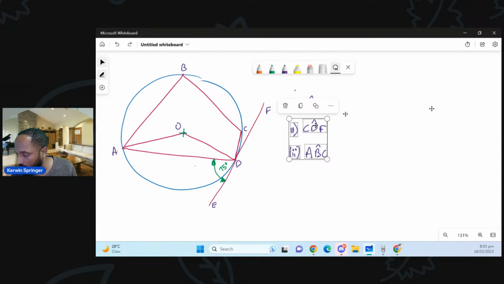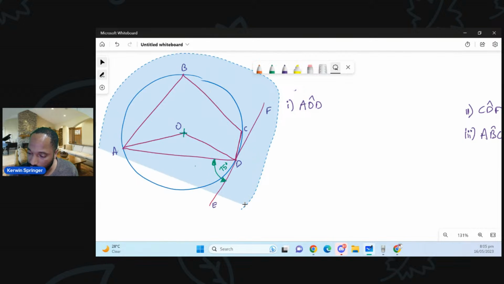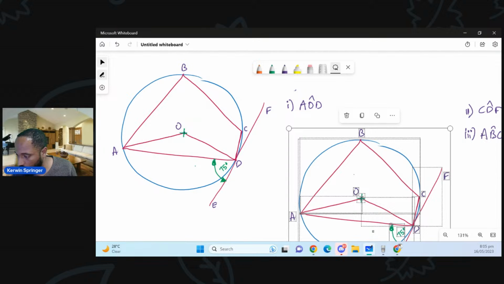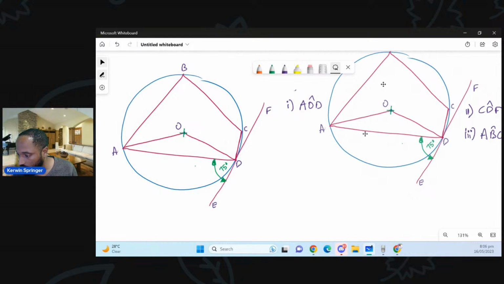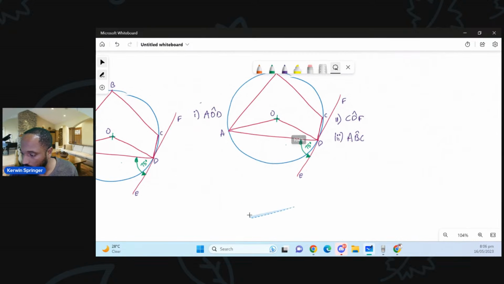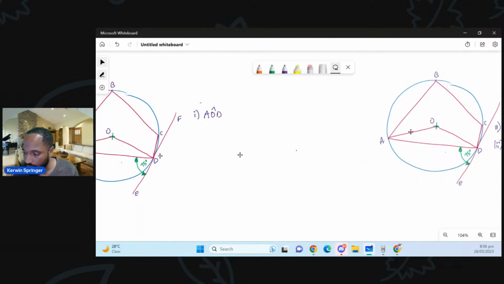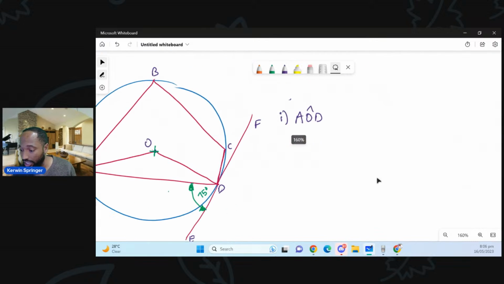I'm going to put these to the side here. Let me do it. Are they too close still? Go across. Ready now. So we have to find the size of angle AOD.